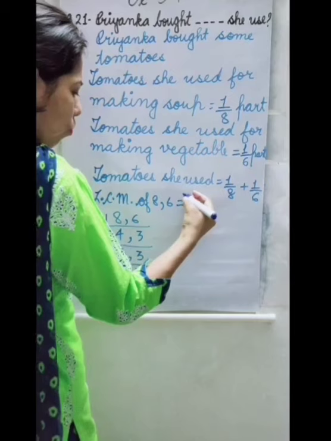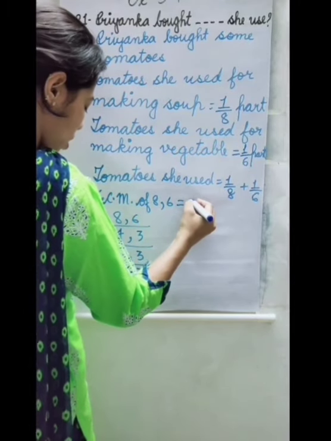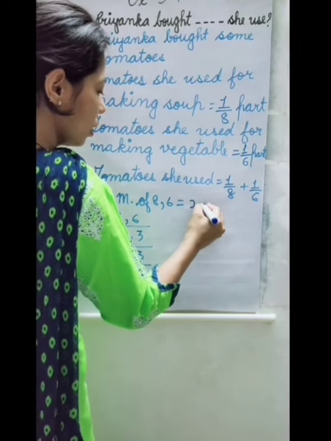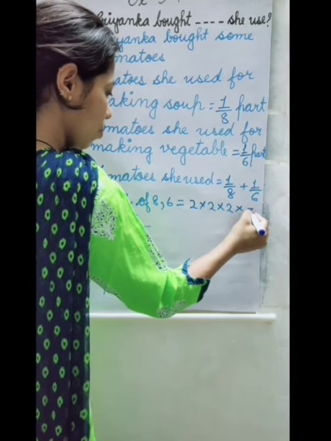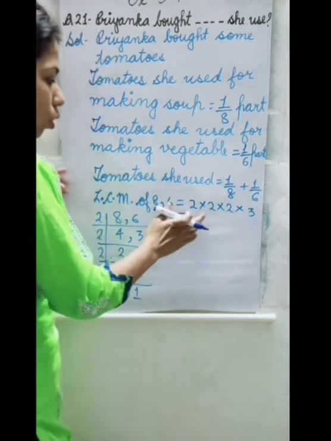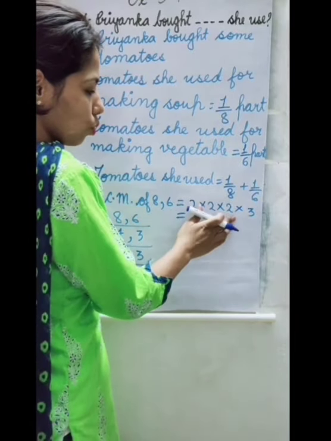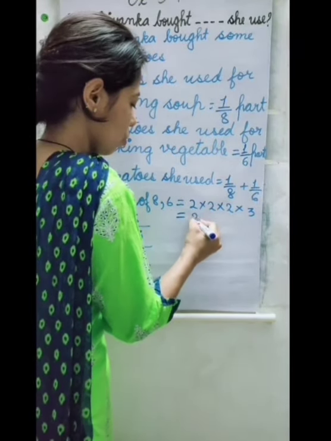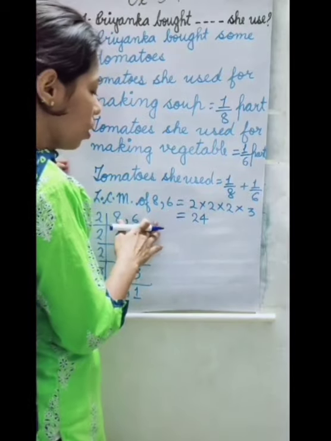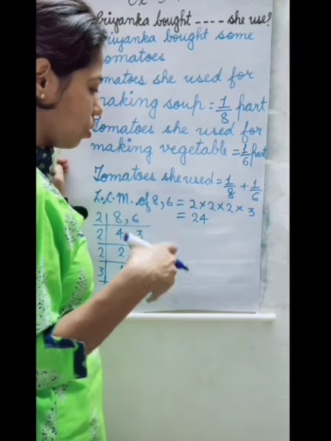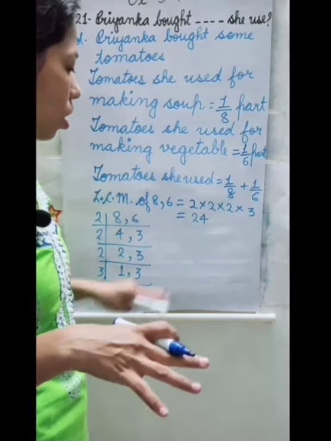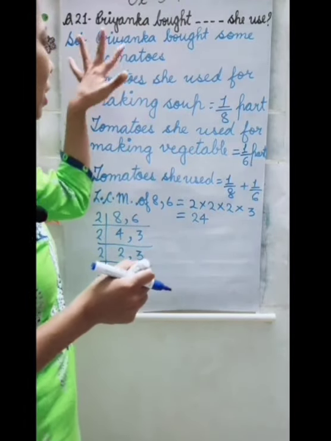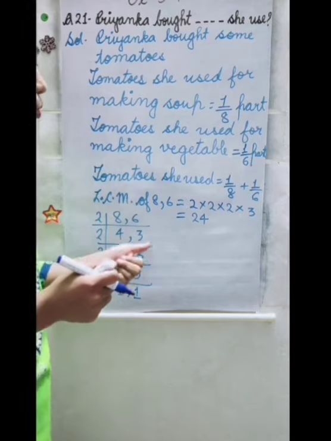So the LCM of 8 and 6 is equal to 2 times 2 times 2 times 3. 2 2s are 4, 4 2s are 8, 8 3s are 24. So the LCM of 8 and 6 is equal to 24. For the next part of this solution, first I need to erase this. Till that time you can note it down.